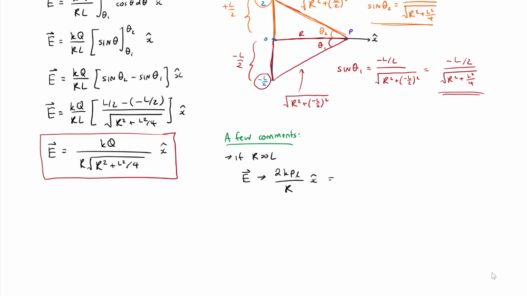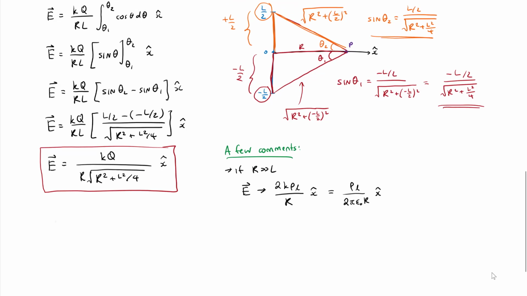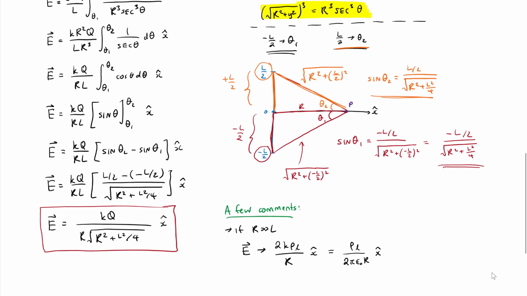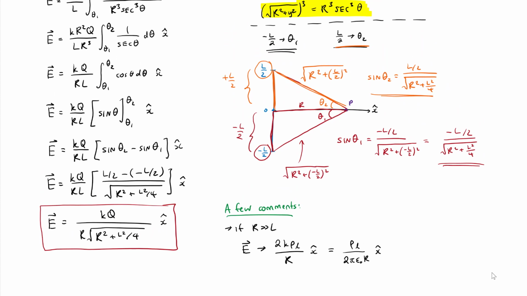Or, if you say k is equal to 1 over 4 pi epsilon naught, we get rho L over 2 pi epsilon naught R in the x direction. So try and think about why that is. All you have to do is an analysis of these where L essentially goes to 0, so that you can figure that out.